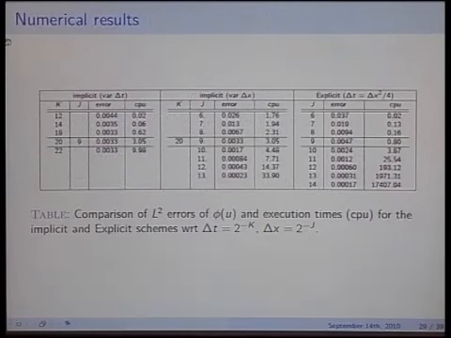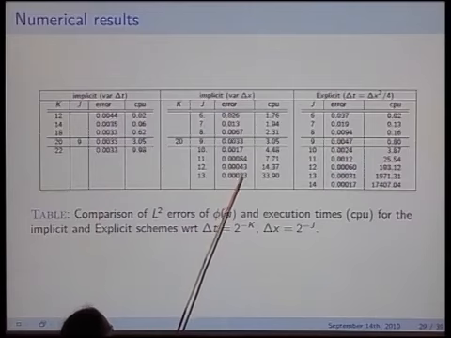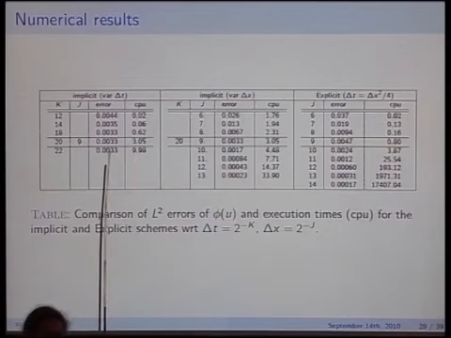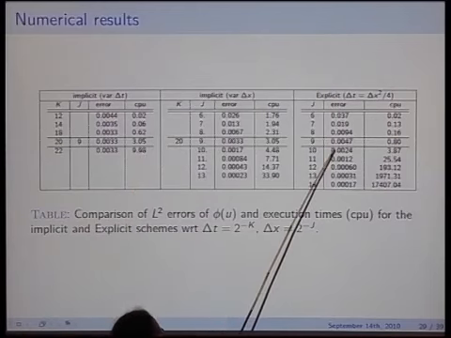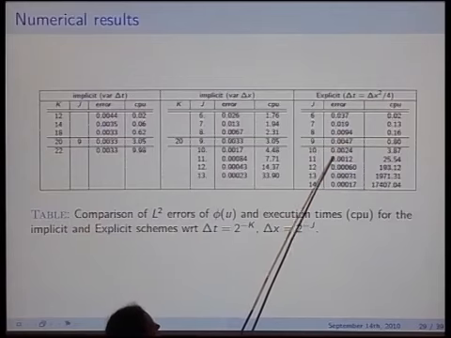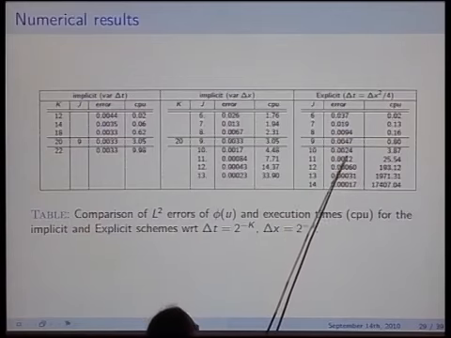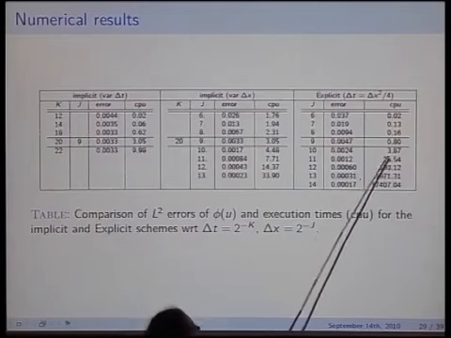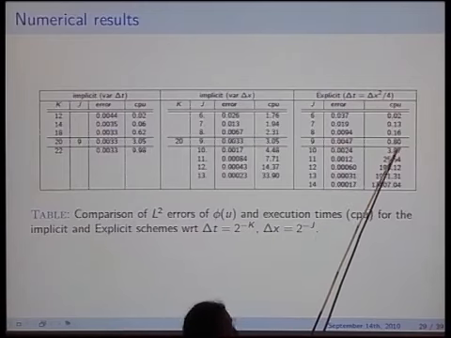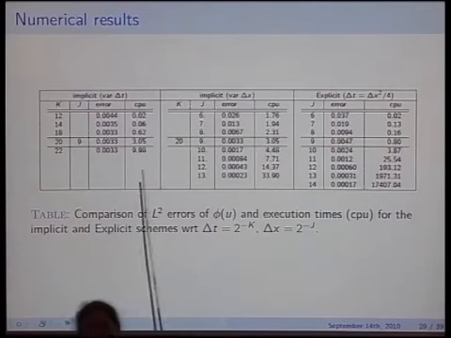So here are some numbers just to show you that, for example, for the implicit scheme in delta x, as you multiply by 2 the number of points, you divide the error by 2, so that's okay. And you can see that for the explicit scheme, with the same discretization, it takes a bit less time to compute, whereas the implicit one has to invert a system.